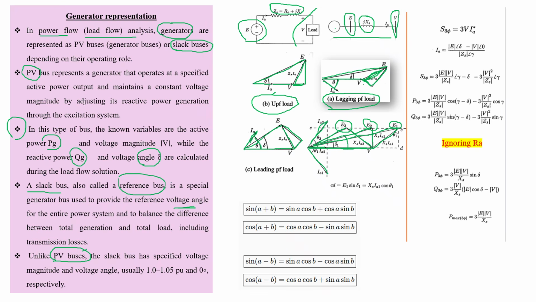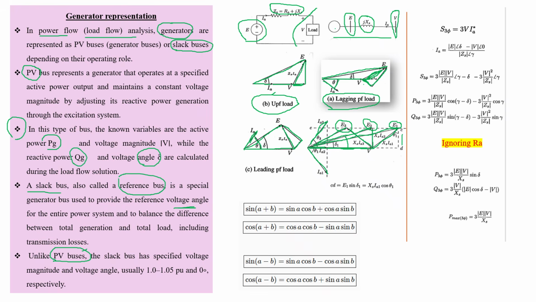So this relation can be easily obtained by, for example, considering the vertical component of this voltage. CD can be obtained as E1 sine of delta 1, because this delta 1 is the angle of E1.